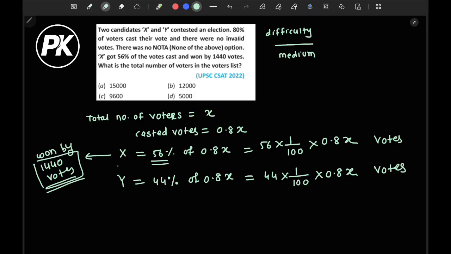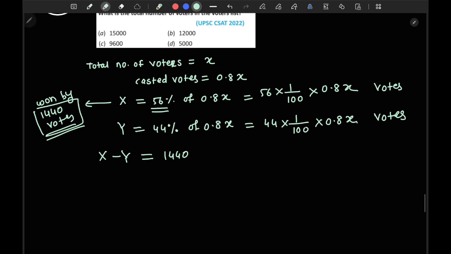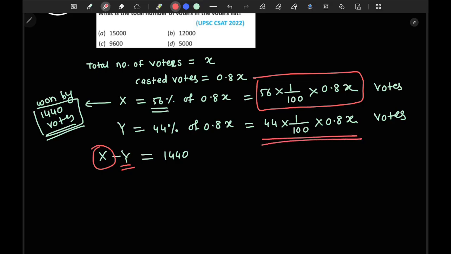So if I do X minus Y, the total number of votes for X minus the total number of votes for Y equals 1440. This is the margin of win. So now let's put the value of X, and for Y this is the value.